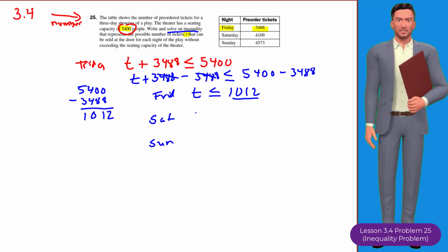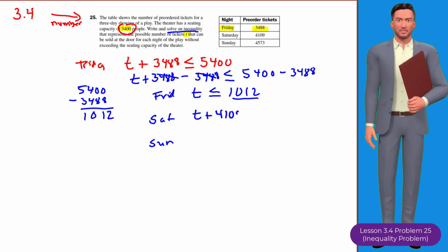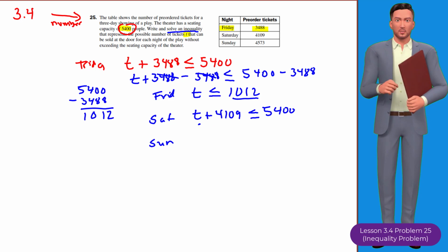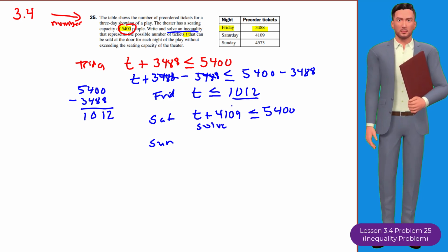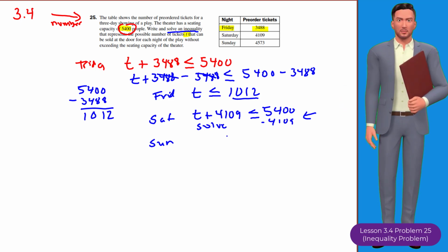You're going to set it up for Saturday as T plus 4,109 has to be less than or equal to 5,400. And then solve. And this one, you're going to subtract 4,109 from both sides of the inequality to get your total.